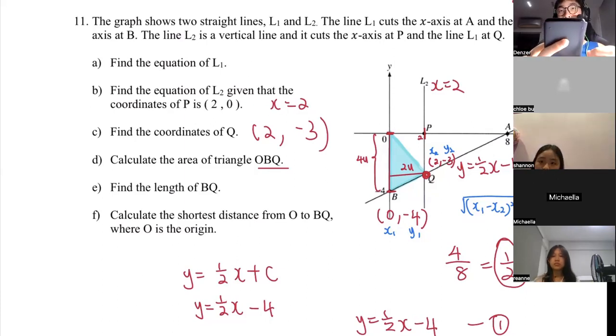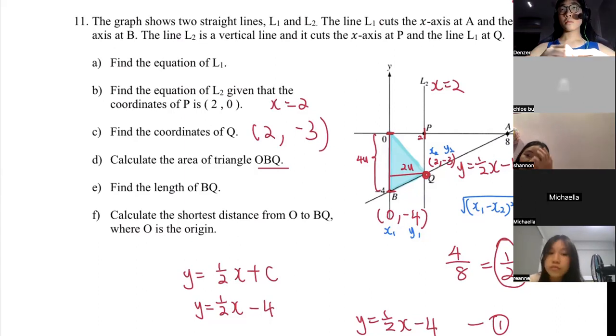Round it off to 3SF. For Rian, you can try the last one: I want the shortest distance of O to BQ. Shannon, is it correct?